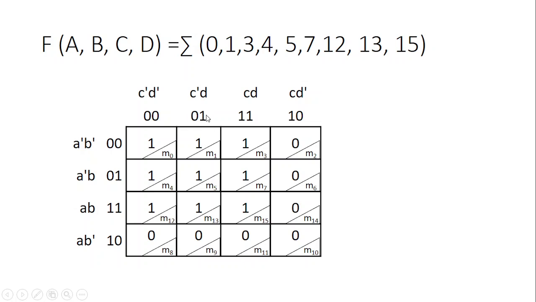What is the significance? The significance is that between two adjacent positions, only one of the bits is changing. So that is the way of writing it. One of them must change. If you look at the next two, between the two adjacent, you will notice that only one bit is changing.